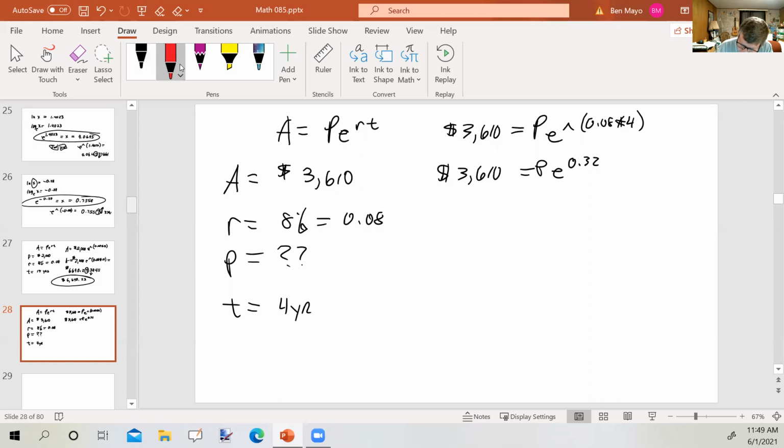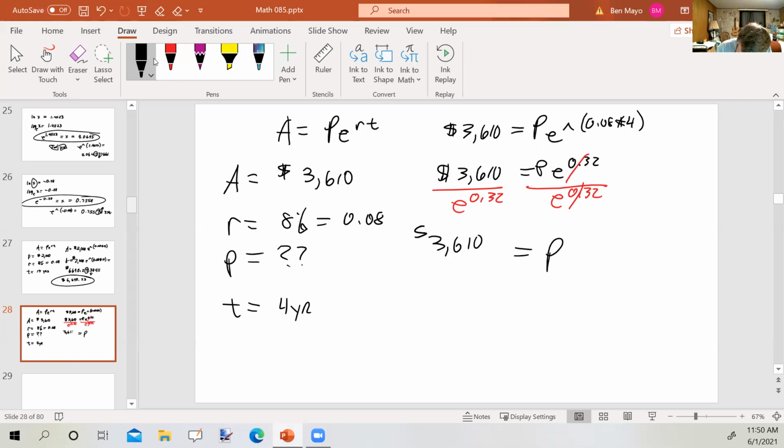Then I'm going to divide both sides by e to the 0.32 power. So that will give me P equals $3,610 divided by e to the 0.32. So let's do that. 3610 divided by e to the 0.32 power.